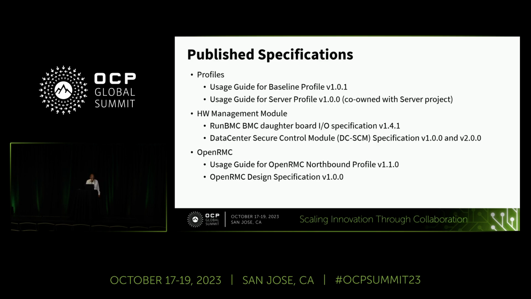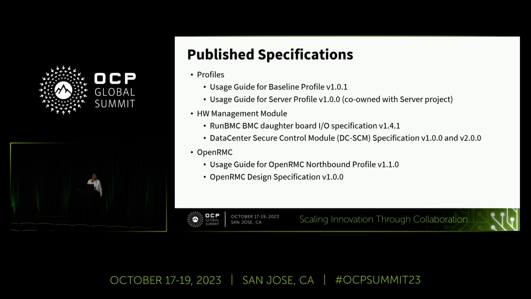And DCSCM started for the data center secure control module, which includes both security and manageability functionality. I have a slide where you will see the picture of this. It has been major rev'd to 2.0, and it's already published.